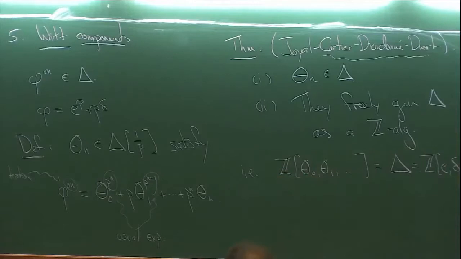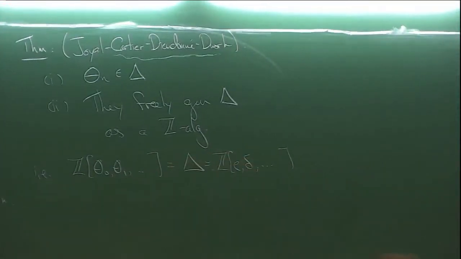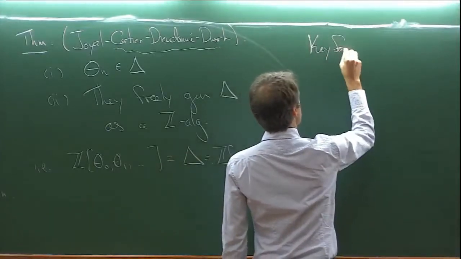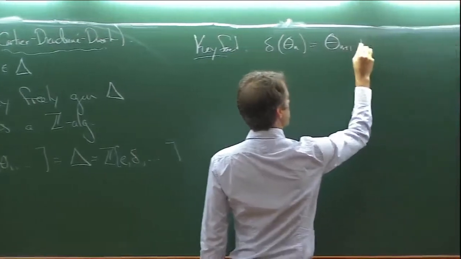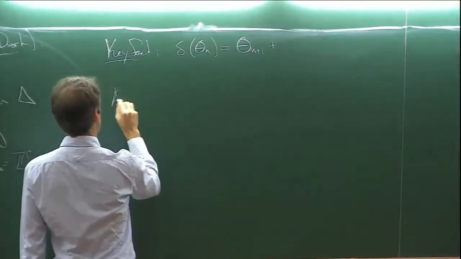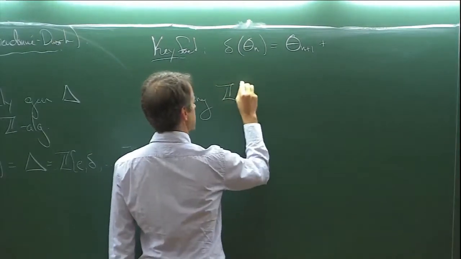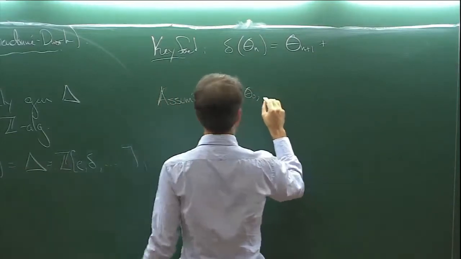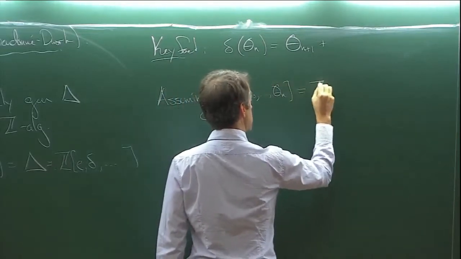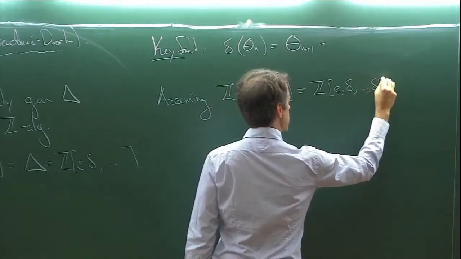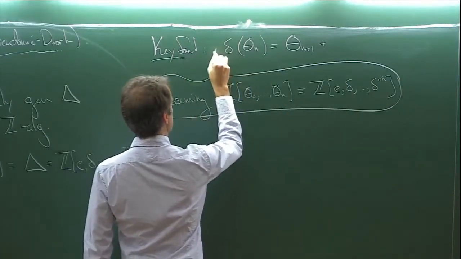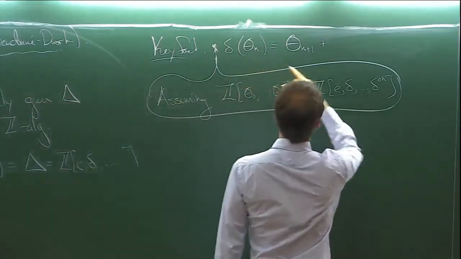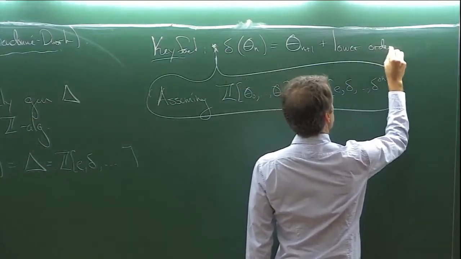Okay, so let me prove this. The key fact is the one I mentioned last time, which is that delta applied to theta n is theta n plus 1, assuming that these two are the same up to order n, plus lower order terms.